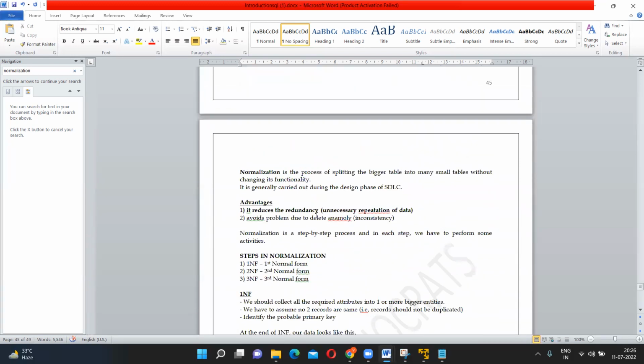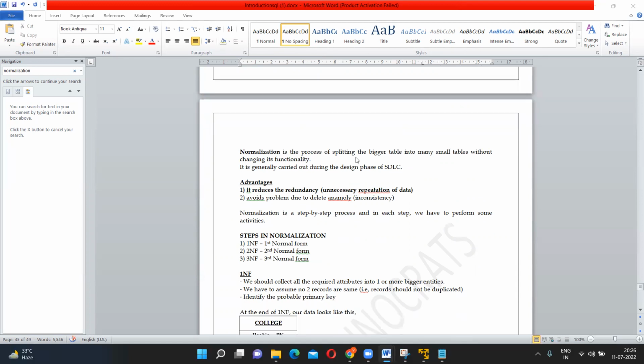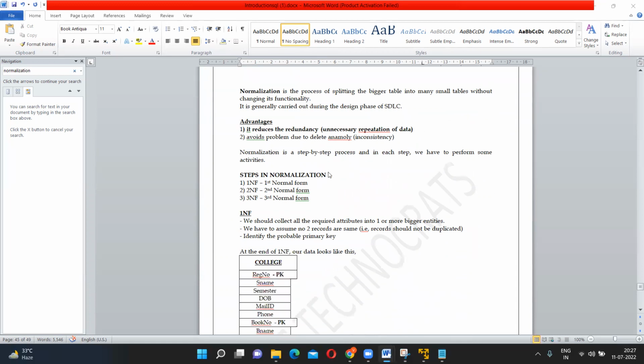So first of all, did you understand what is normalization? Yes or no, guys? Kirti, yes or no? Are you there, Kirti? Yes. So what is normalization? Normalization is a process of splitting a bigger table into smaller tables without changing its functionality, and it helps to reduce the redundancy.